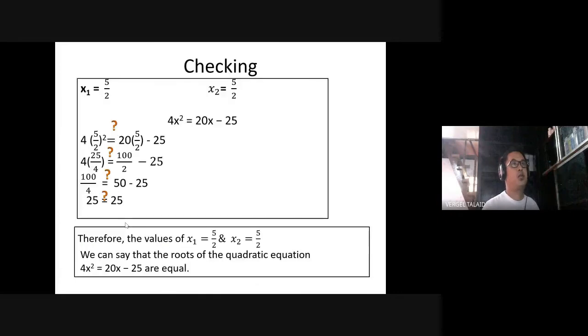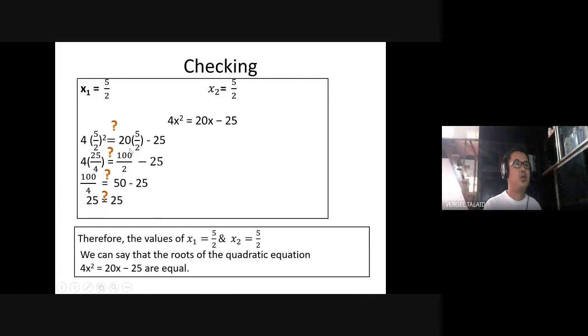Okay, so to check whether our answer is correct, substitute 5 over 2 in the equation 4x squared is equal to 20x minus 25. So the square of 5 over 2 is 25 over 4. 25 times 4 is 100, divided by 4 is 25.